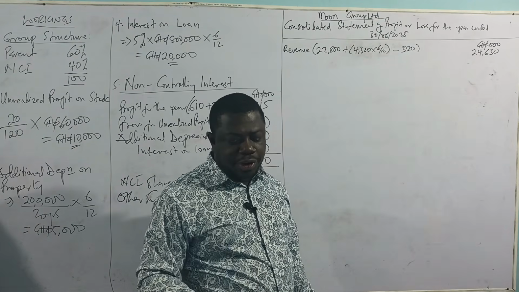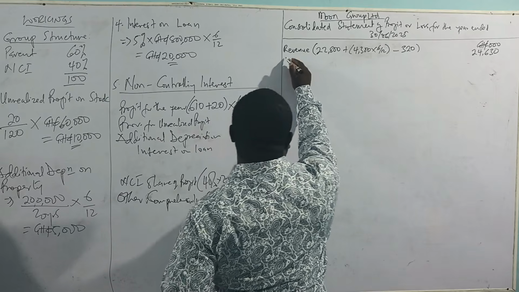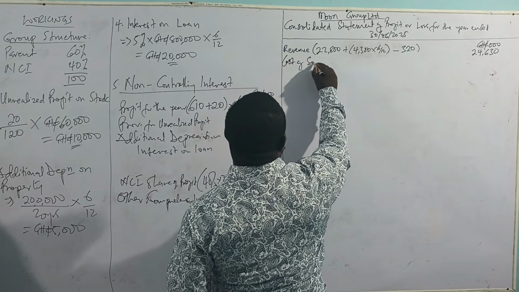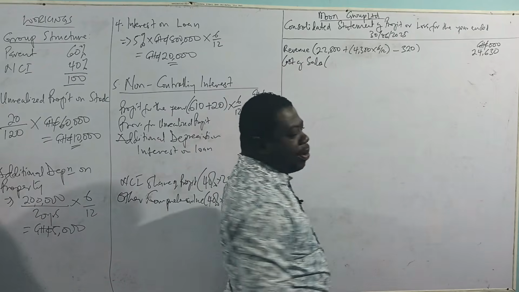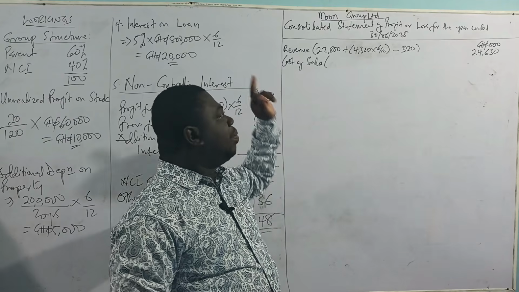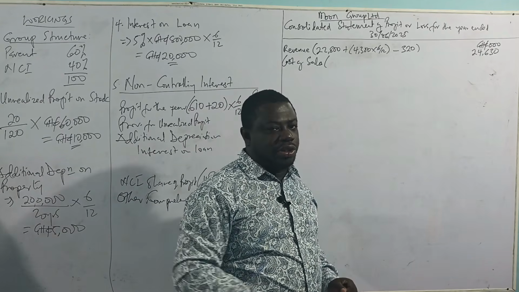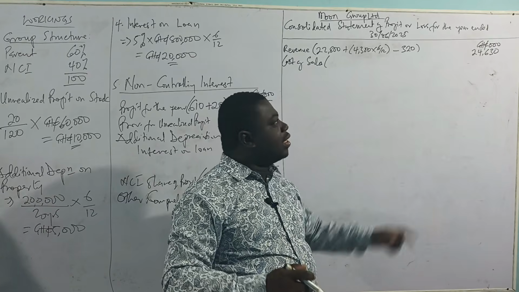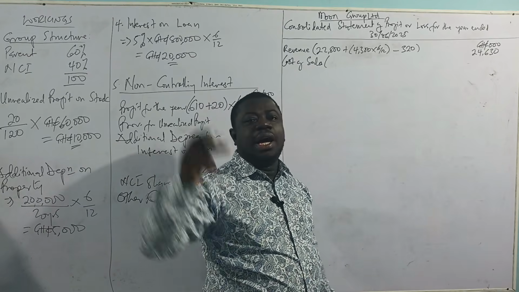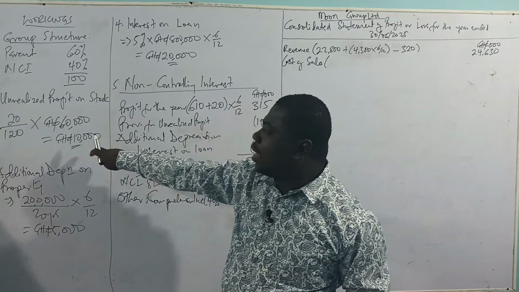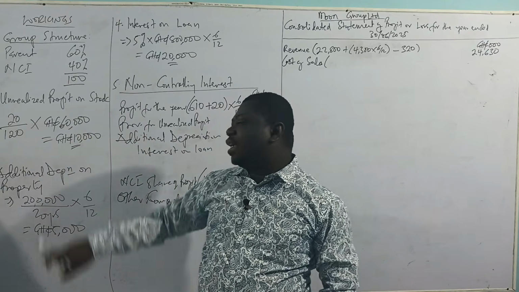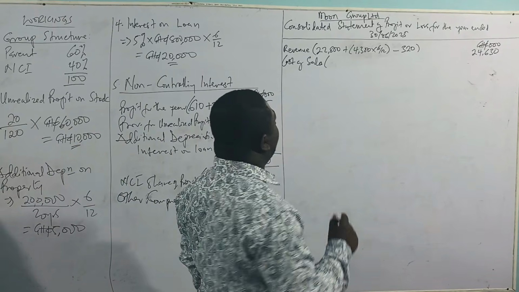And then after the revenue, the next thing is the cost of sales. For that one too, we open up a bracket, that of the parent plus that of the subsidiary. Remember that for the subsidiary we still apply 6/12. Then minus the intra-group sales, plus the unrealized profit, plus the additional depreciation. So take note.